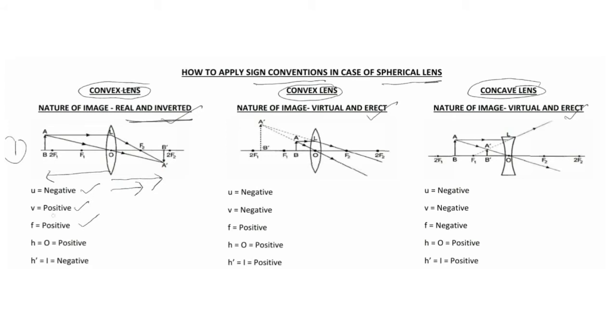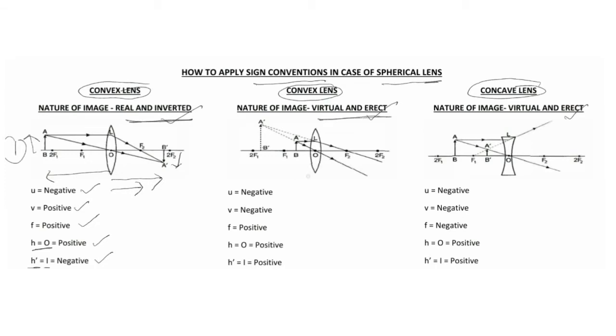Height of the object, h or O, is lying perpendicularly upward to the principal axis, so it is also positive. Last, h dash or I means height of image. The size of the image is lying perpendicularly downward to the principal axis, so it is negative.